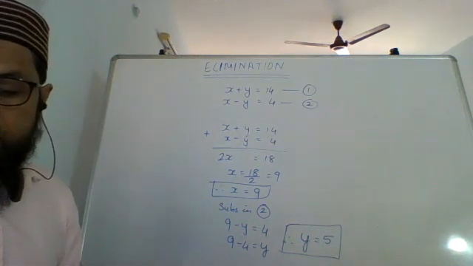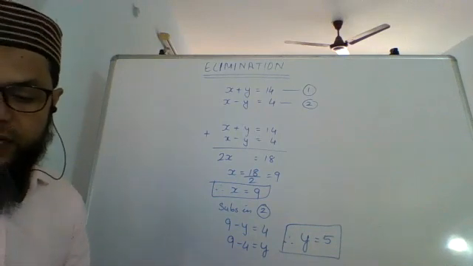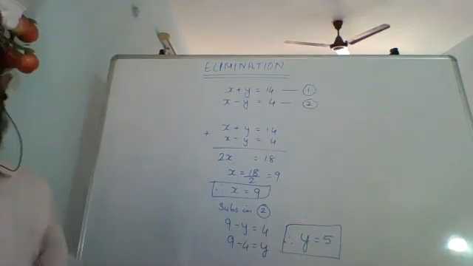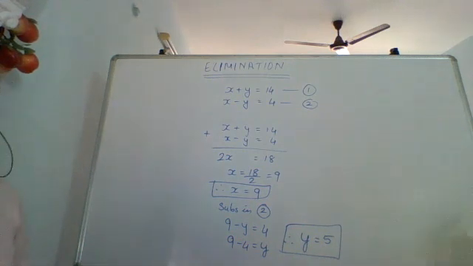The sum of a two-digit number and the number obtained by reversing the digits is 66.